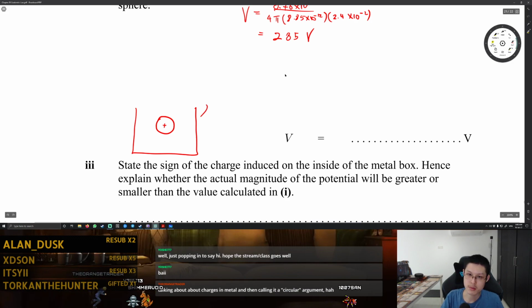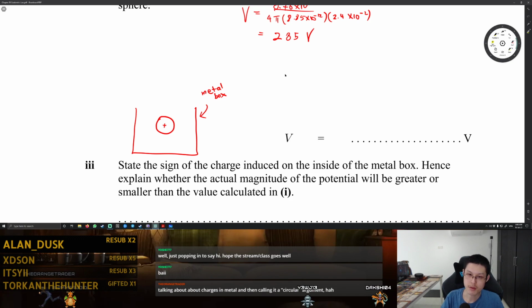This is a metal box, by the way, which is important. Because a metal surface, or a metallic object, if you put it in the influence of an electric field, you're going to see charges move. All right.